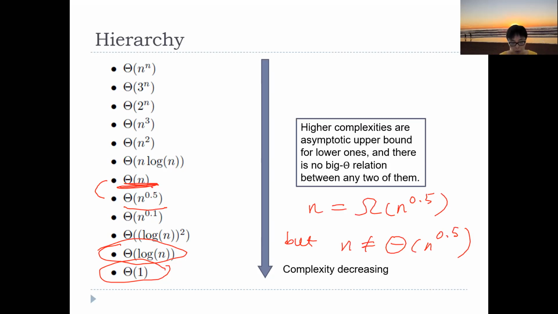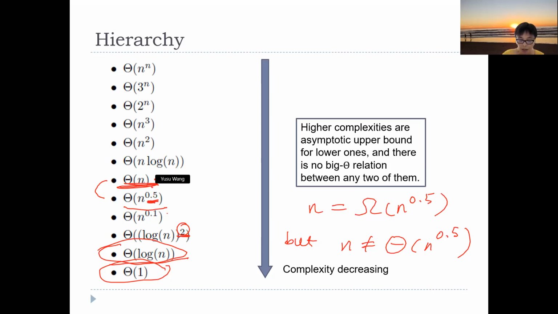So clearly, a polynomial of log n will be bigger than log n asymptotically. Any polynomial function will be bigger than any logarithmic function, even with an exponent, with a polynomial of a logarithmic function. As the exponent goes bigger, clearly the function becomes larger asymptotically.